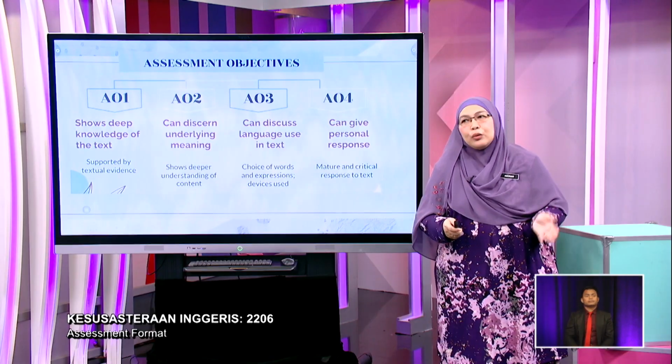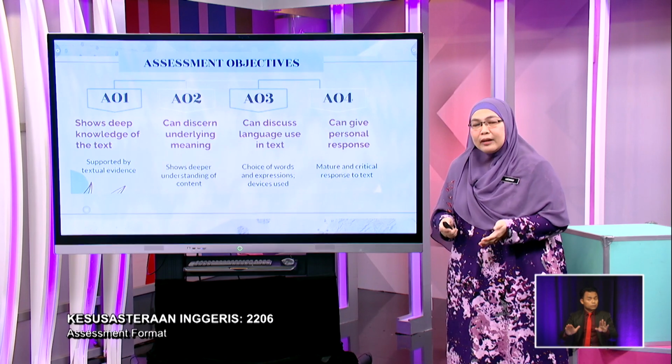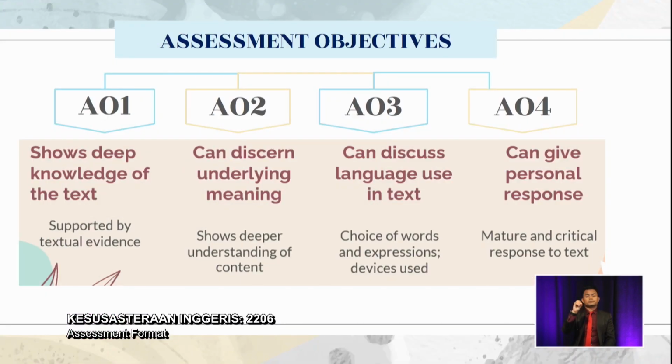Also, don't forget the AO3, which is the use of language. Especially in poetry, use of language is absolutely crucial. And then what I feel there are many pupils out there struggling with is AO4. How do I respond to the task?